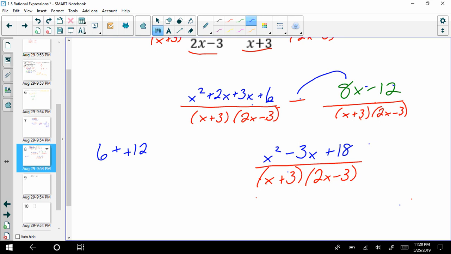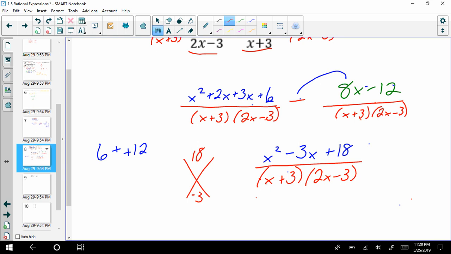Okay, and the last thing that I would check for is, can we factor the top? Now notice, you might be asking yourself, why didn't you FOIL the bottom? I'll tell you, don't worry about FOILing the bottom. The reason why we leave it apart like this is on the chance that at the very end, we can get something to cancel out. So like this top part, I would look to see if I can factor it. So I'd want to multiply to 18 and add to negative 3.